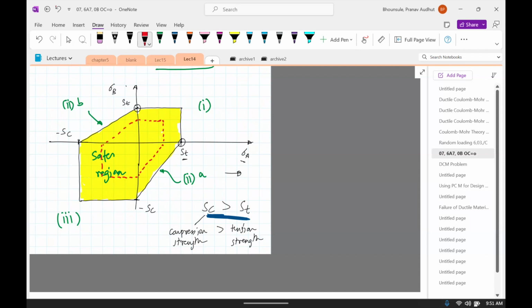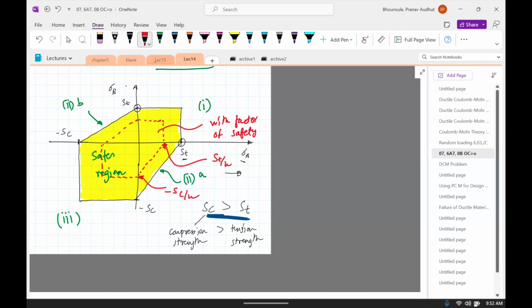This is going to be with factor of safety. In fact, this point here will simply be ST divided by N, and this would be minus SC divided by N. So it's all just going to be scaled by a factor of N.